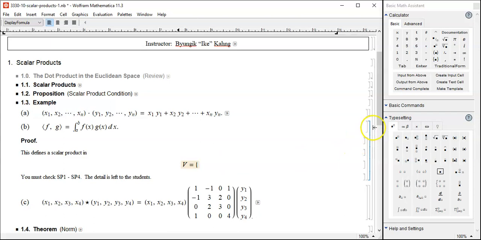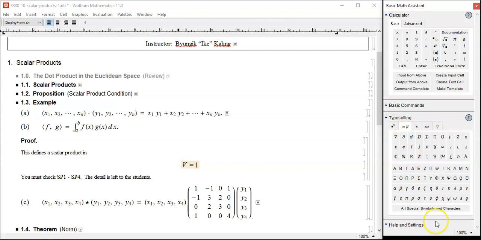Let's see, f and g are already selected, so I must go to some other character. Oh boy, I'm kind of running out of characters here.